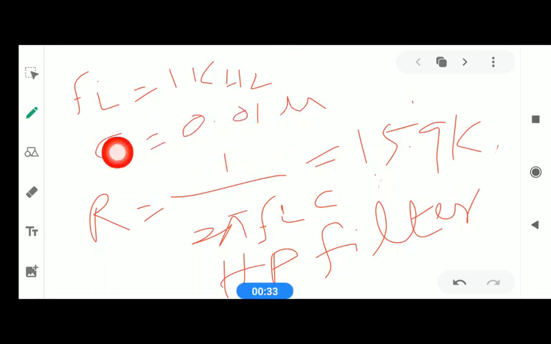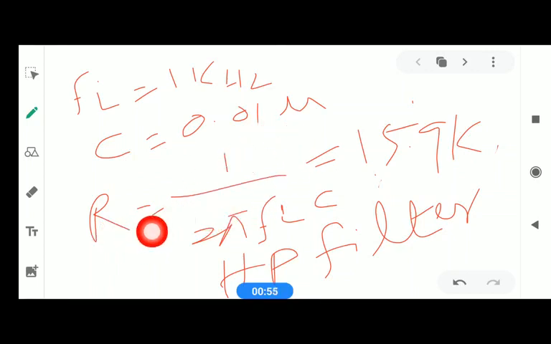So here we are considering C as 0.01 microfarad for designing the high pass filter, and for designing the low pass filter we consider 0.05 microfarad, right?